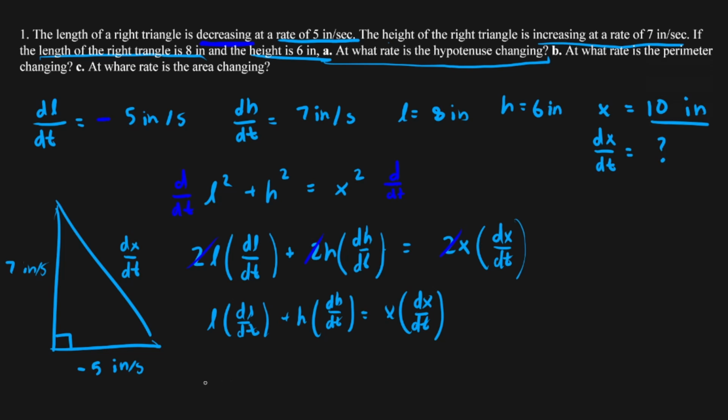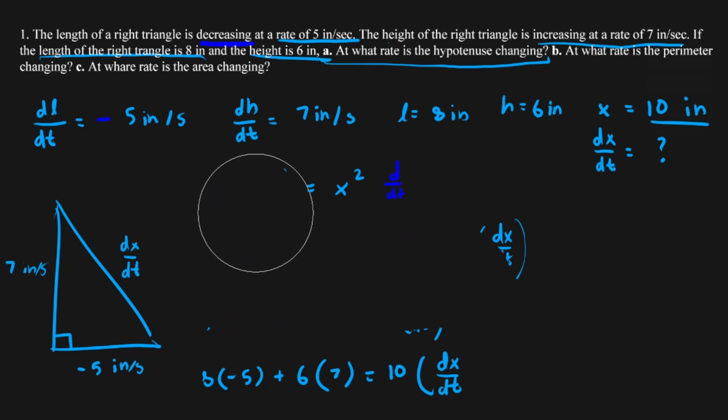The length is 8, so we're going to have 8 times the derivative of length with respect to time. We're given it's -5 inches per second, so we're going to put -5. Height is 6 inches, so we're going to put 6 in for H. And the derivative of height with respect to time is 7 inches per second. And we know x is 10. We just calculated x not too long ago. All we need now is dX/dt.